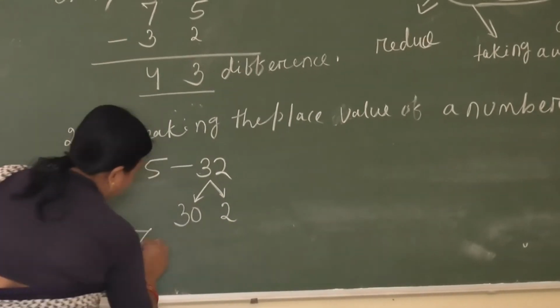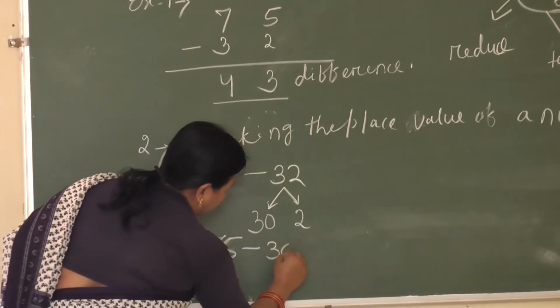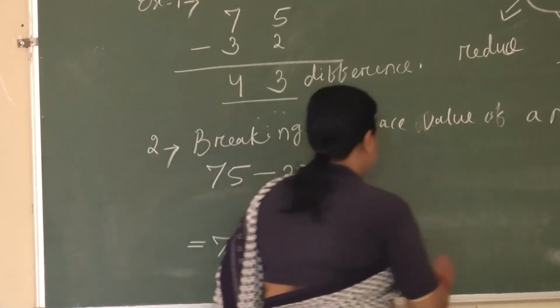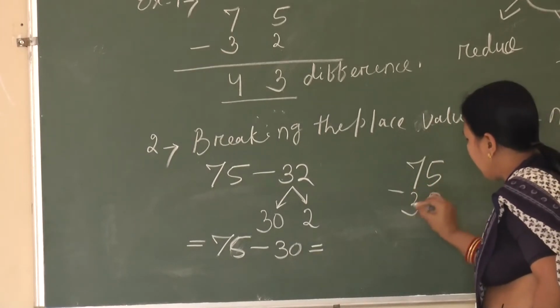So now I will subtract from 75 this number. 75 minus 30. First you subtract 75 minus 30. What is the result? You see 75 minus 30.